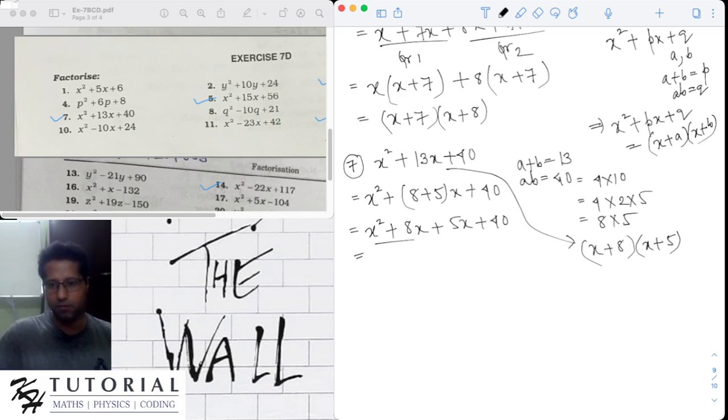So I will form the two groups. This is group 1, this is group 2. We take x as common factor from the first group, and I have x into x plus 8, and from the second group I will take 5 as common factor, and I will have 5 into x plus 8. So now I see both the groups have common factor x plus 8, so this will be x plus 8 multiplied by x plus 5.